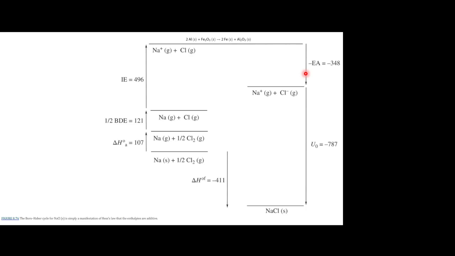So the chlorine wants that electron, and so it takes that on, and that's the electron affinity, which is that energy right there. Again, negative because it's refunding. And this finally is the association energy, the ionic binding energy, if you will.